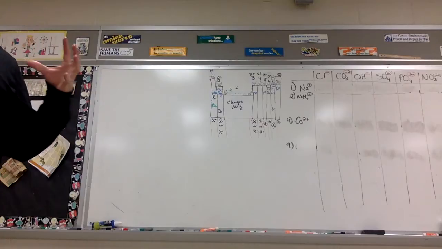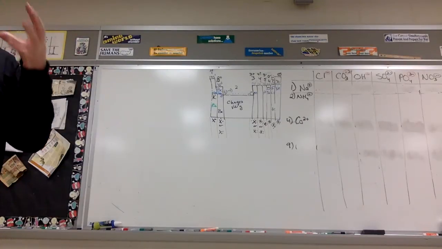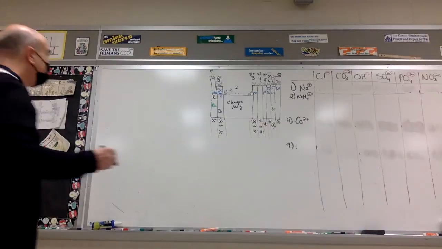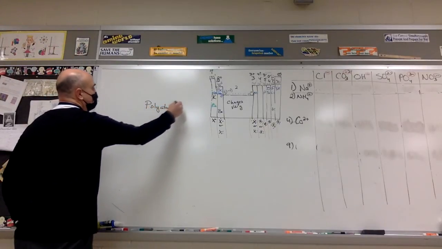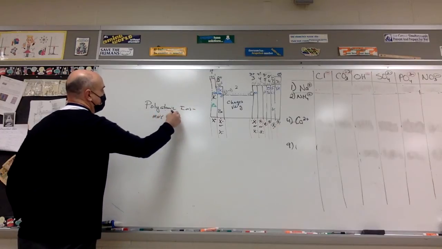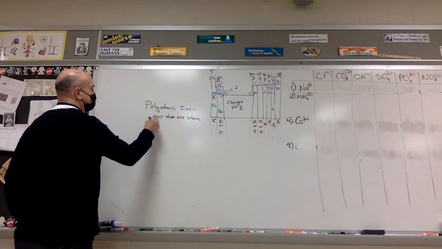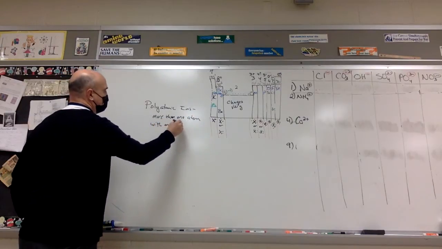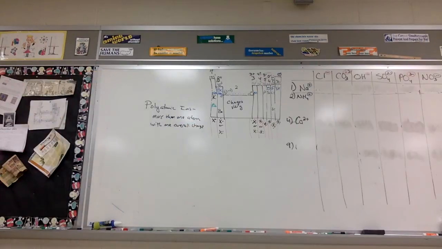And these groups of atoms are actually covalently bonded together, but overall they have a charge and they act as a single ion. So we have more than one atom with an overall charge that acts as one ion.